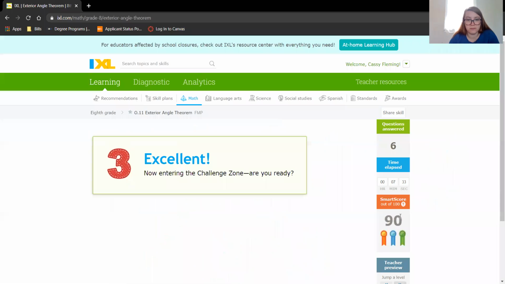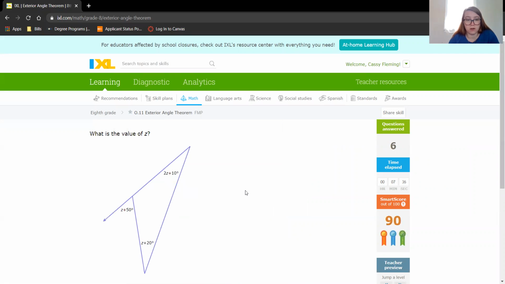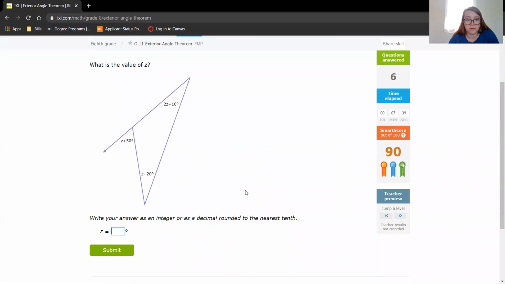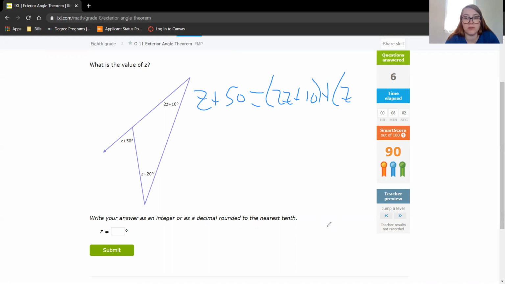I think there might be another level, I'm not sure. Let me see. I'm in the challenge zone. So it might not be a whole number, it might have a decimal. I'll do one of these. So we know that z plus 50 is equal to 2z plus 10 plus z plus 20. So z plus 50 is equal to 3z plus 30.